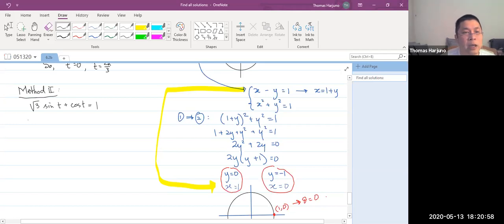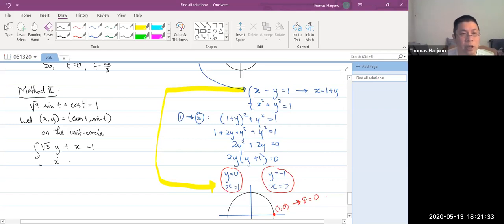So we let x, y equal cosine t, sine t on the unit circle. So we get square root of 3 y plus x equals 1. Of course, keep in mind the restriction that it has to be on the unit circle.